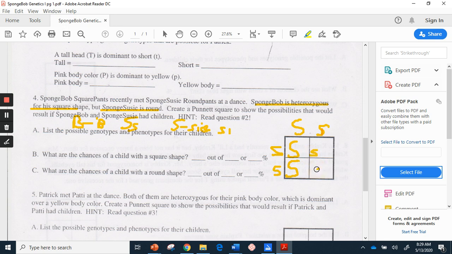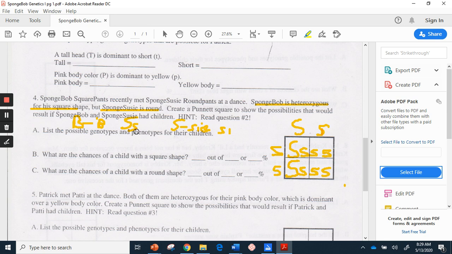All right. Now we're going to go across. Hey, now we got it. All right, that's what it's supposed to look like.